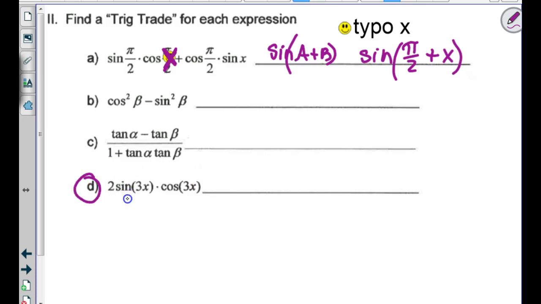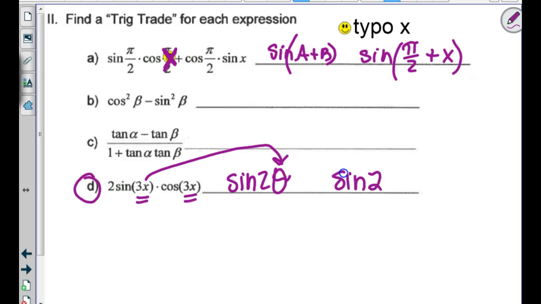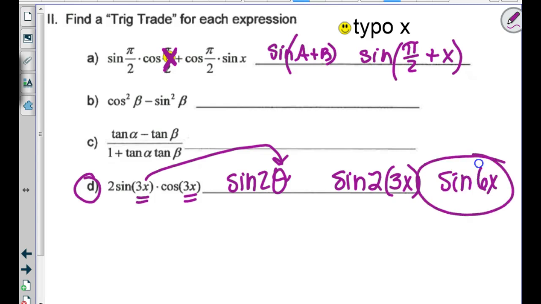Where's one that says 2 times sine times cosine? Sine of 2 theta, but what is theta? 3x, right? So you'd have the sine of 2 3x's, or the sine of 6x. Yes, no, maybe?